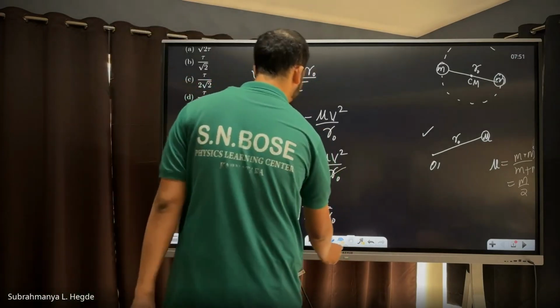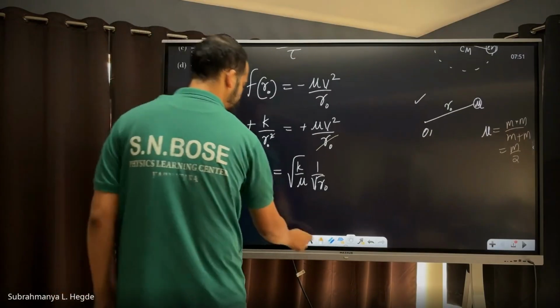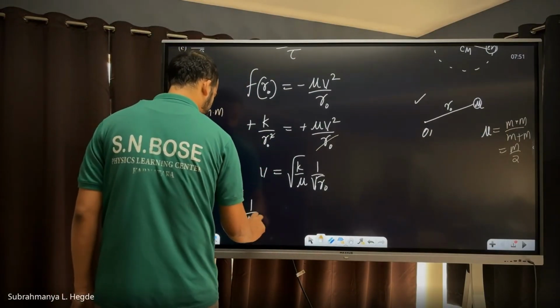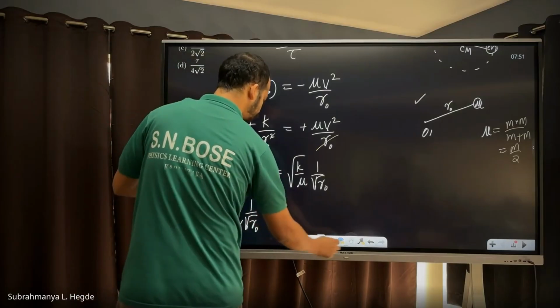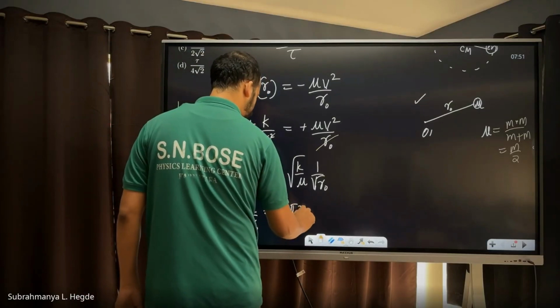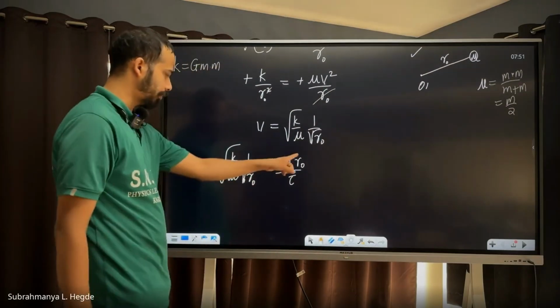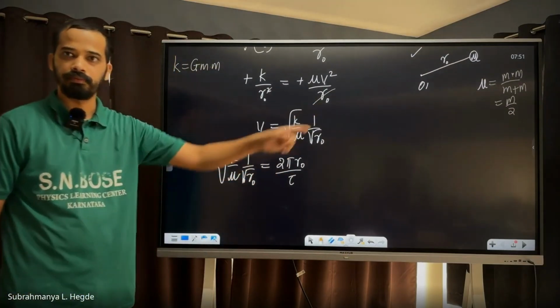That v I am going to substitute here. Root of k by mu, 1 by root r naught. This is my v, that's equal to 2 pi r naught divided by tau. I directly got r naught power 3 by 2. Look here, that's what we needed over there.